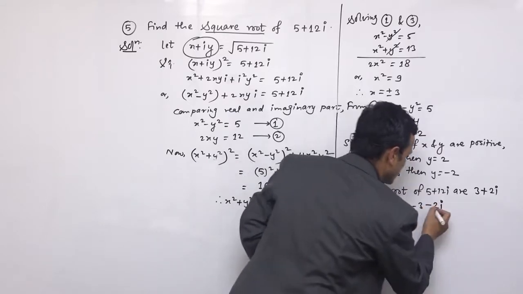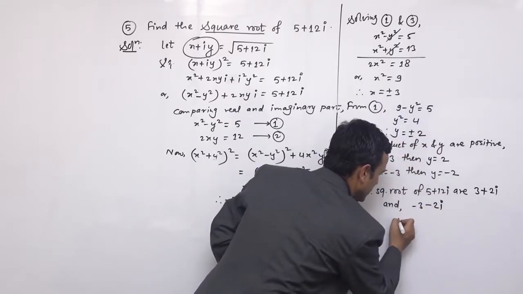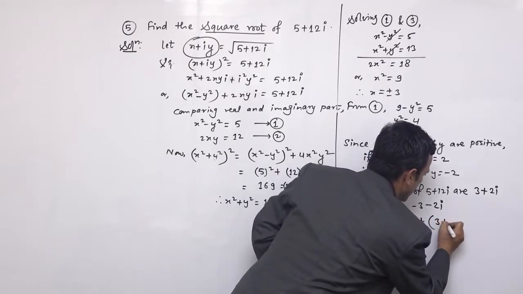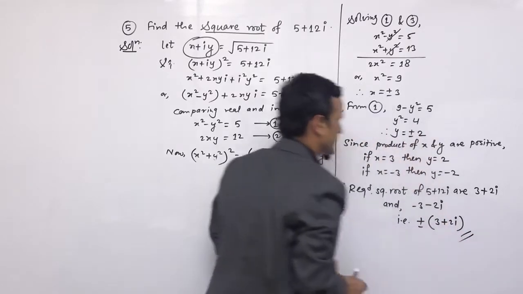So in shortcut that is plus minus 3 plus 2i is the answer.